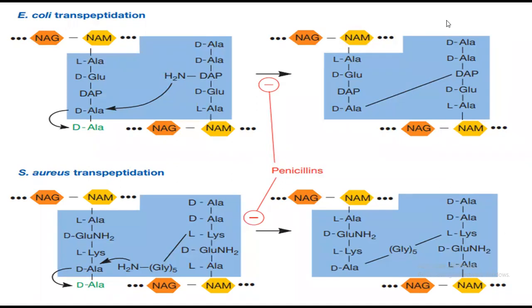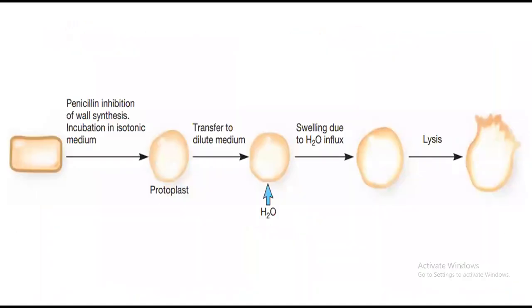So with penicillin, inhibition of wall synthesis occurs, and a normal peptidoglycan layer cannot be formed. Or if it is formed, it will not be that effective and that strong.